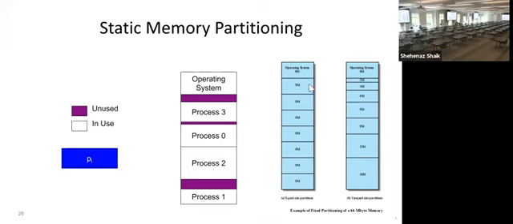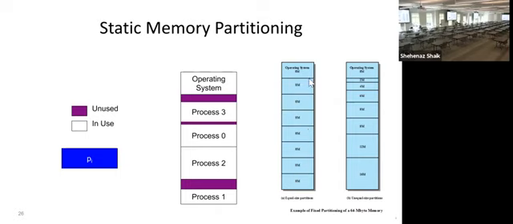This seems to be an easier problem for allocating a partition to an arriving process, because all the partitions in this case are of equal size. So any free partition can be allocated to the arriving process.